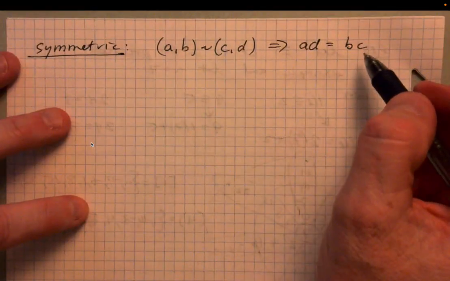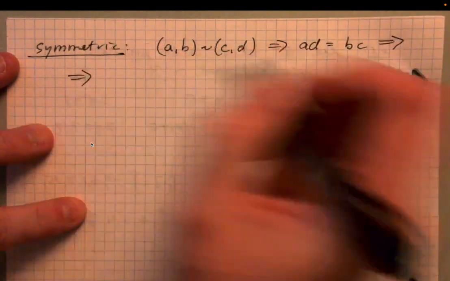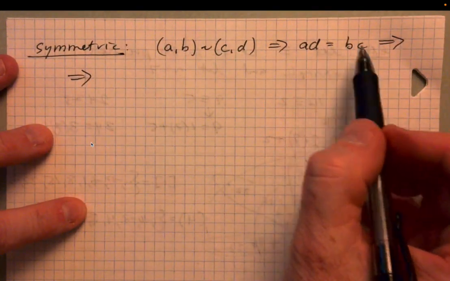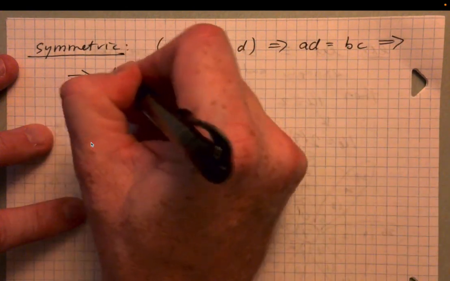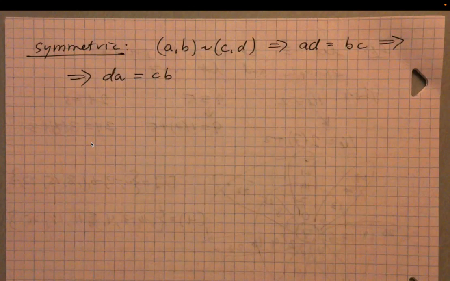Now, I can flip the order here. Instead of AD, I'm going to write DA, and instead of BC, I'm going to write CB. Not a problem, because these are integers.